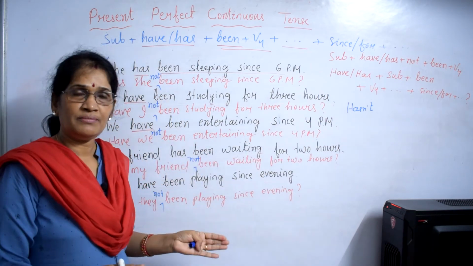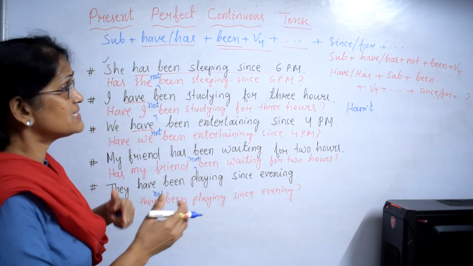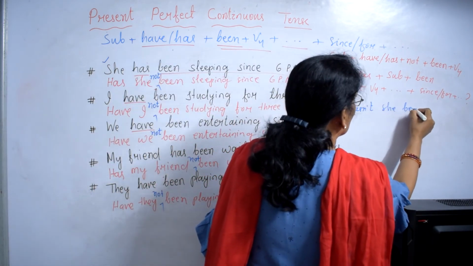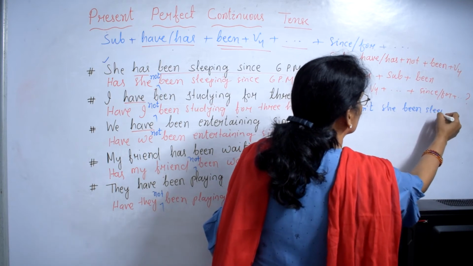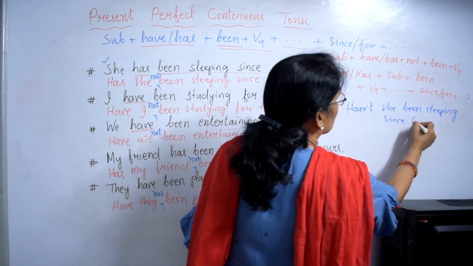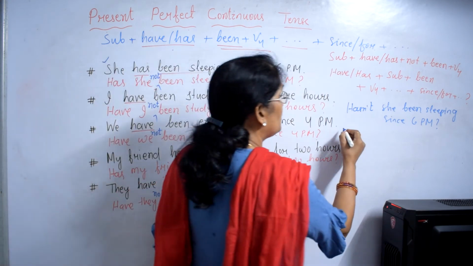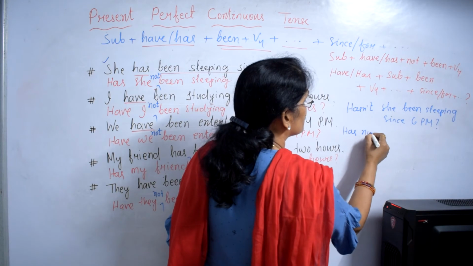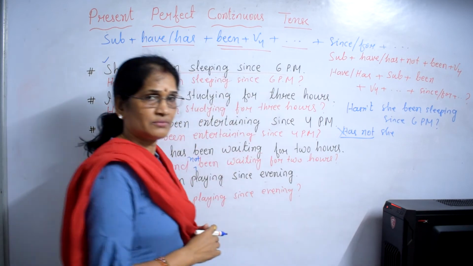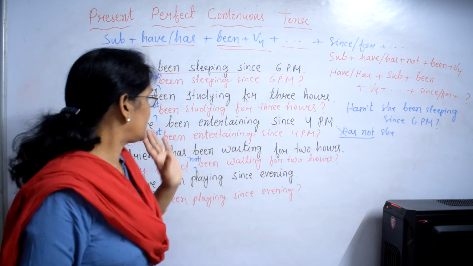If you write in the full form, that sentence will be wrong. If someone writes has not she, that means full form. It is wrong. Okay? If you write in front, we have to use the contracted form.